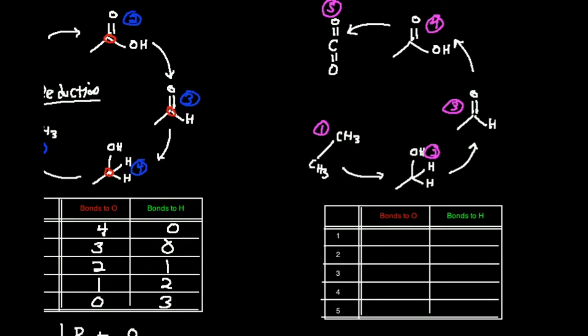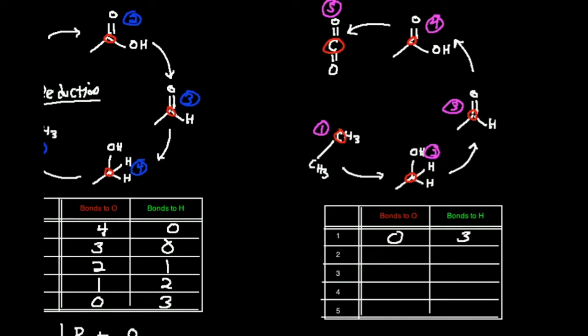Again, I'm going to look at the same atoms here. We're looking at this carbon right here, and I want to do the same thing, except we're going in the reverse direction. Let's start with 1 down here, ethane. How many bonds to oxygen there? 0. And how many bonds to hydrogen? 3.